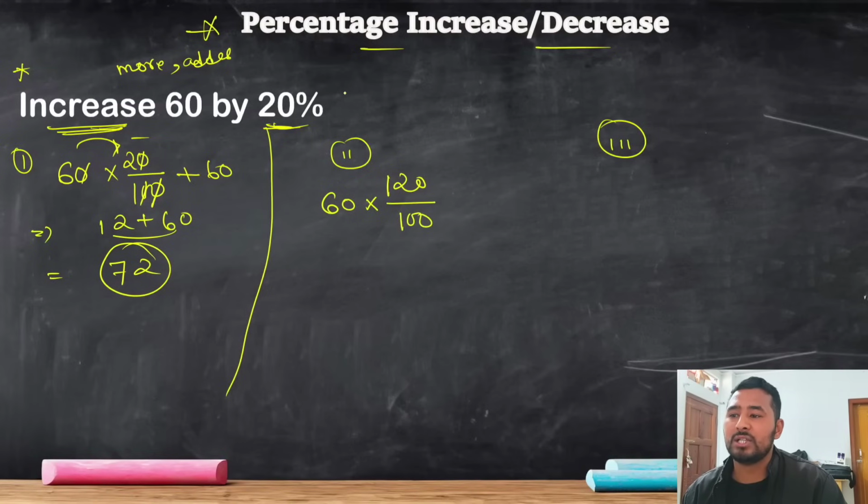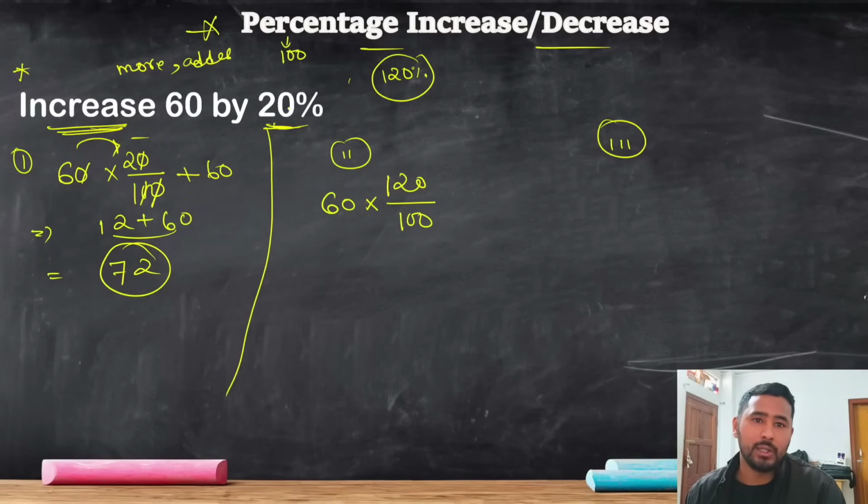This 20% will change to how much? If you're talking about increase, this will be 120%, okay? Because our base is how much in percentage? Our base is 100. So 100% of 20 is how much? 20. When you add this one, you'll get 120. So now cancel 0, 0, 0, 0. How much will we be getting? 6 into 12.